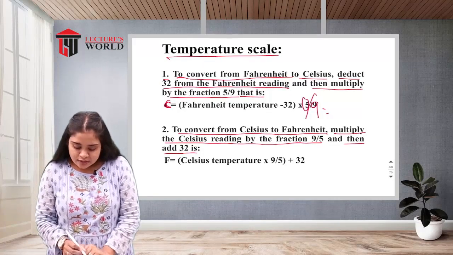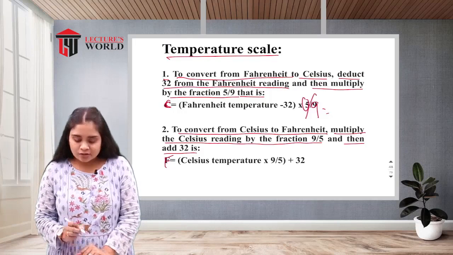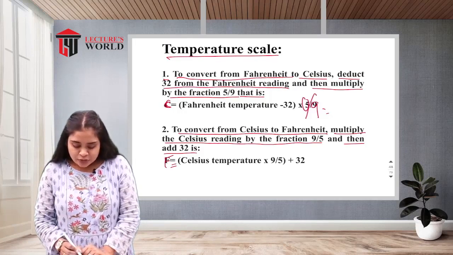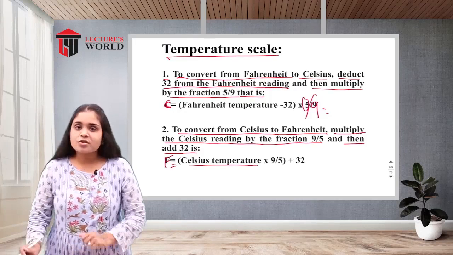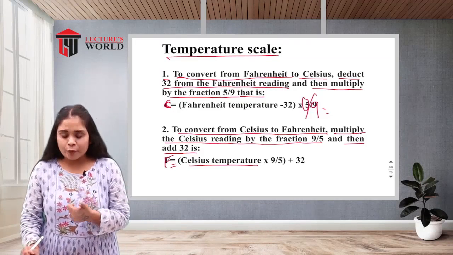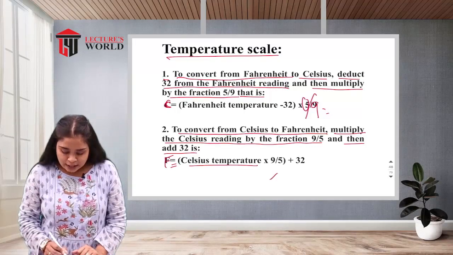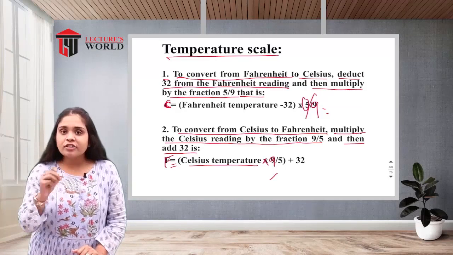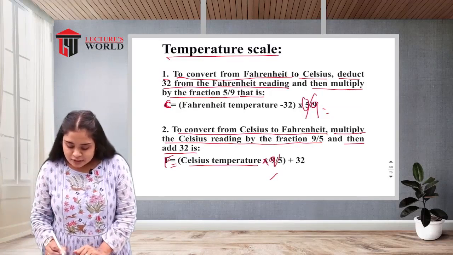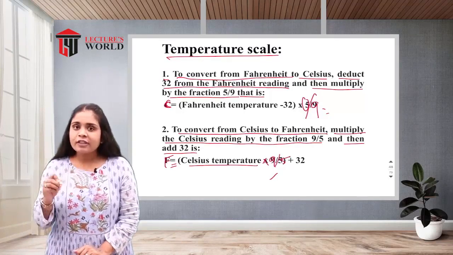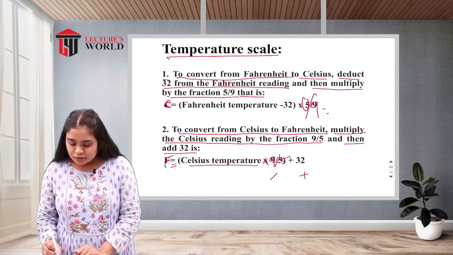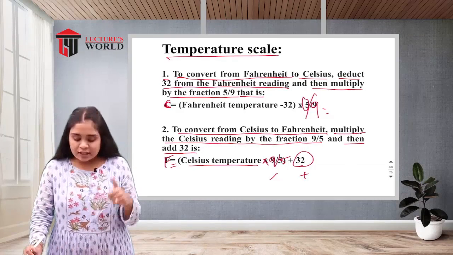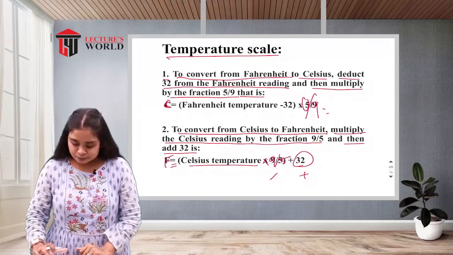So F is equal to, in brackets, Celsius temperature times 9 over 5, plus 32. For example, 35: 35 multiplied by 9, whatever the reading is, divided by 5, then whatever reading comes, plus 32. So you will have the reading in Fahrenheit.